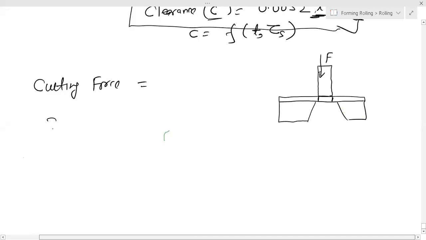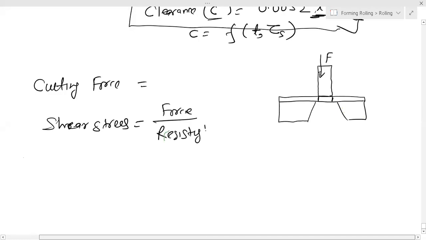So the developed shear stress is equal to force divided by the resisting area. So force divided by pi d t. You have to take this area as the resisting area, that is pi d times t, the area that is parallel to the force.